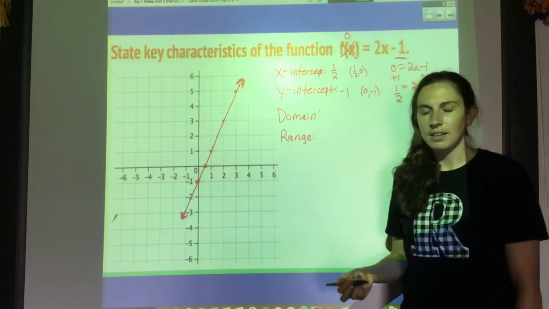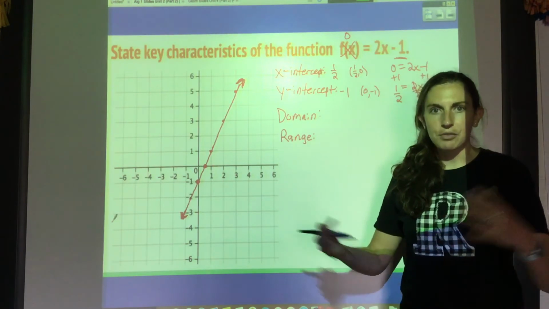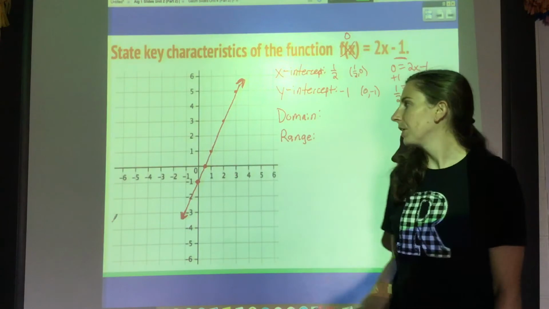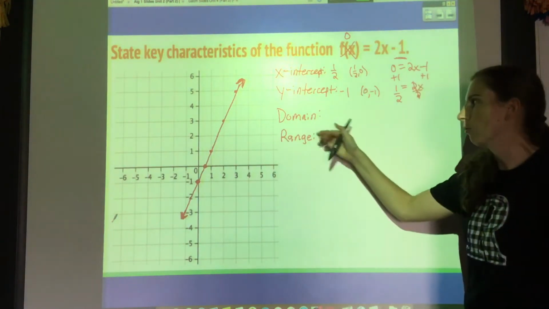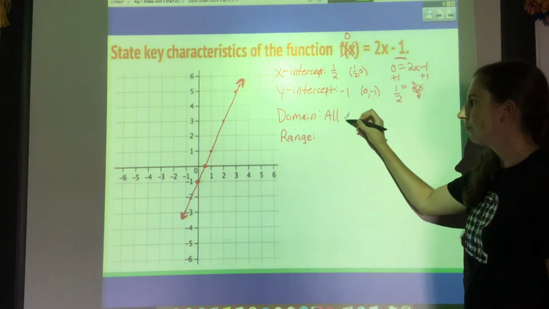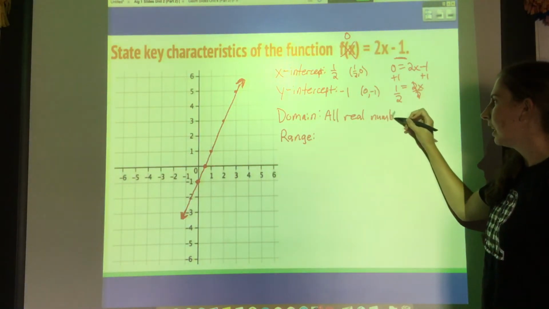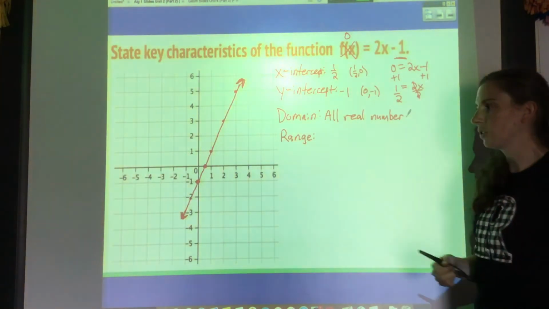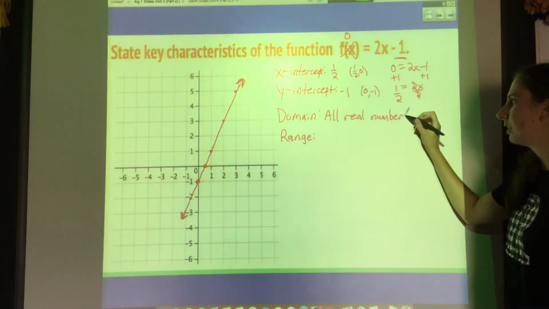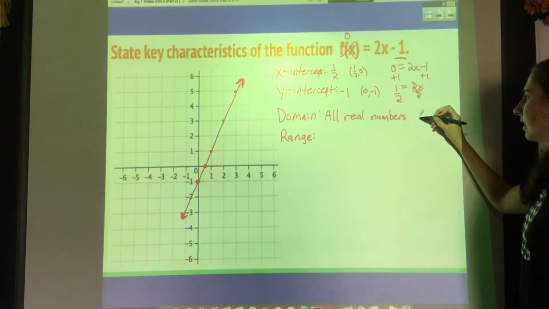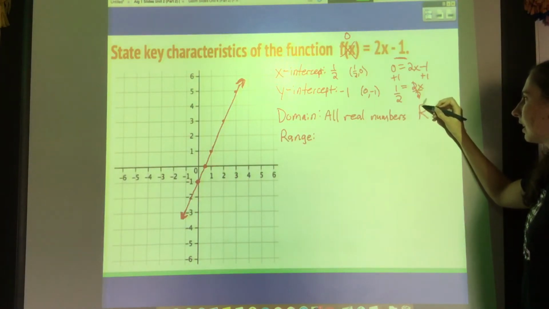So the domain is actually everything. The domain is all the numbers. And the way we usually say this is all real numbers, because it doesn't include imaginary, but it does include rational and irrational numbers, all the decimals. It's all real numbers are in the domain. Another way of writing this is a big R with a line through it.